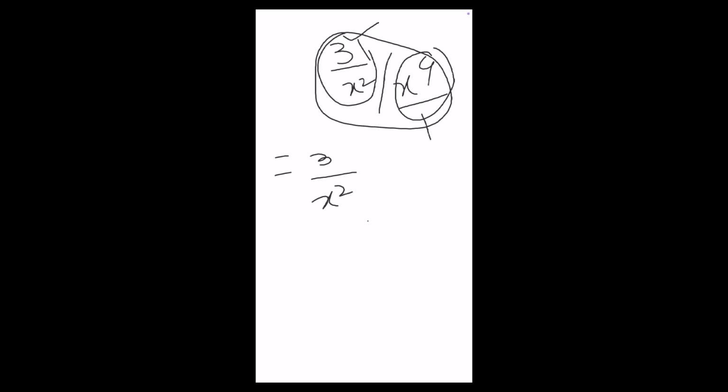Now listen to one thing very carefully. Do you know that concept when, for example, I have written 3 by 2 divided by 2 by 3? Have you seen this kind of question?